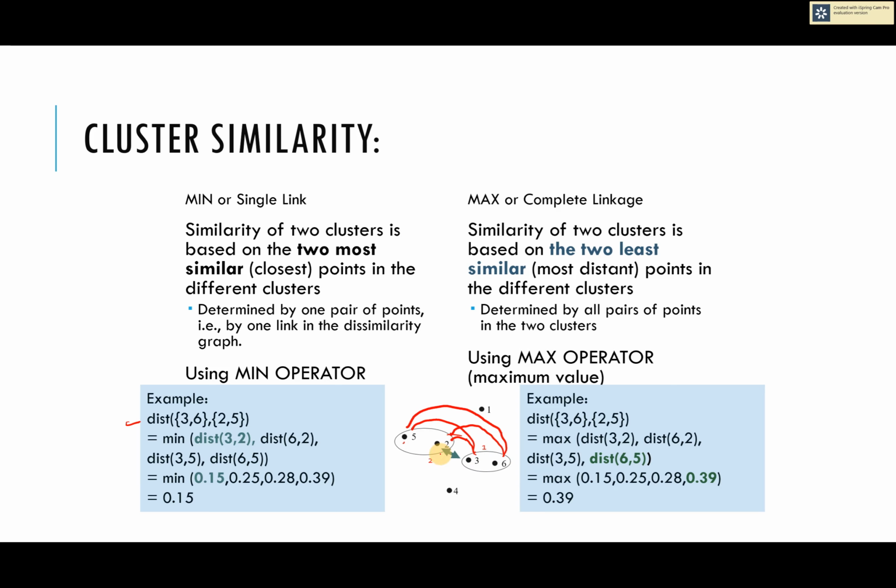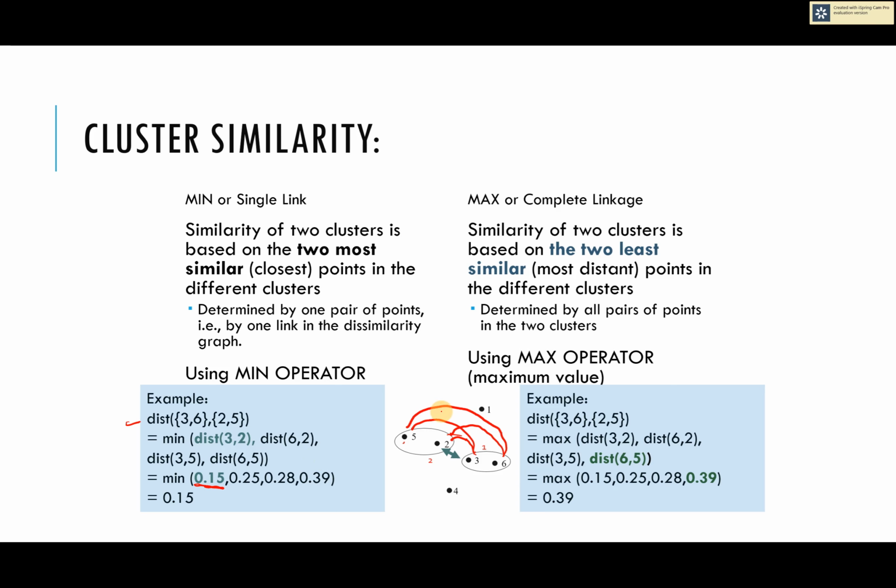Okay, so logically you can see here that 3, 2 is the lowest, right, from this image here. Okay, but then if we calculate it, or we have the exact number of it, based on our calculation of distance using Euclidean distance, 3, 2 is 0.15, distance of 6, 2 is 0.25, distance of 3, 5 is 0.28, and distance of 6, 5 is 0.39.